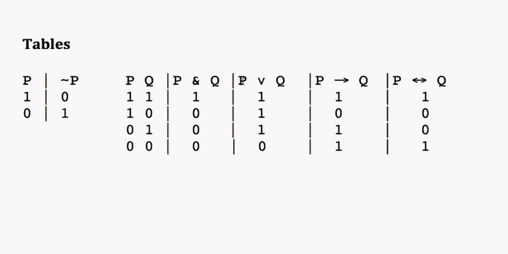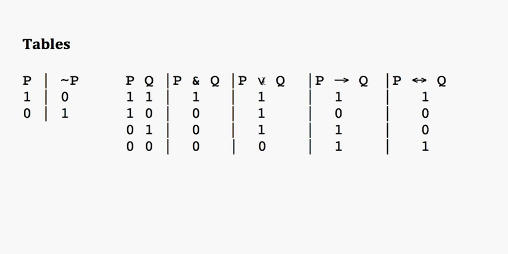Now we look at the table for P or Q and see how it encodes the meaning of or. What we said about inclusive or is that an inclusive or statement is true so long as it has at least one true part. And what we see is in the first three cases, at least one of P and Q is true.